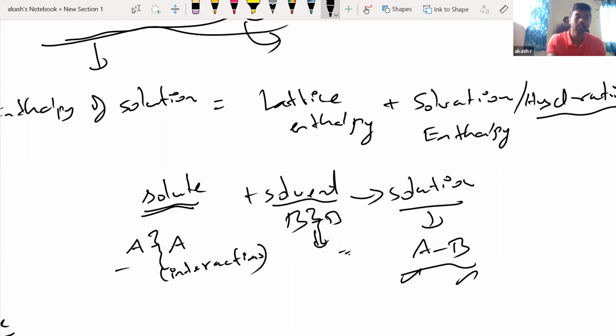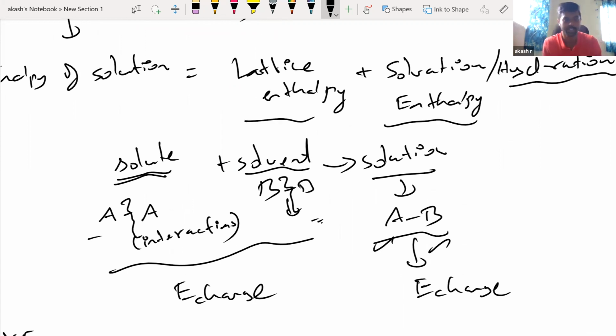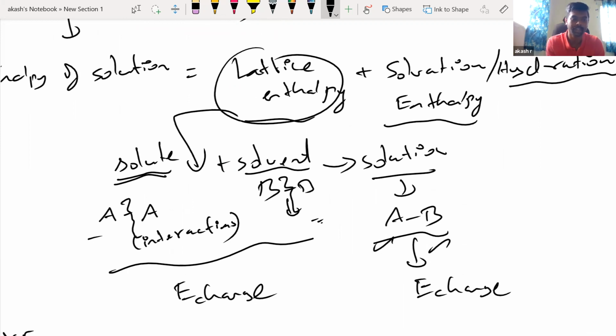So here you will have one kind of energy change, or enthalpy change, whatever you call it, and for this we'll have another kind of energy change. These two are the ones mentioned here. Lattice enthalpy basically talks about the energy required to break these interactions. The AA interactions you have to break, the BB interactions you have to break.